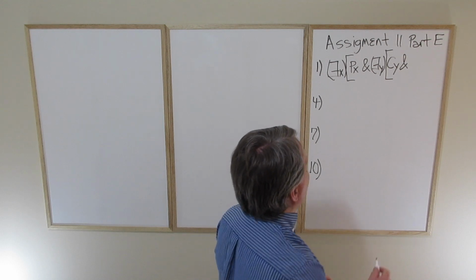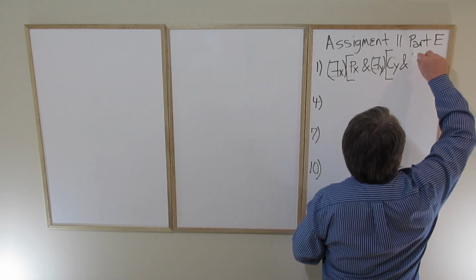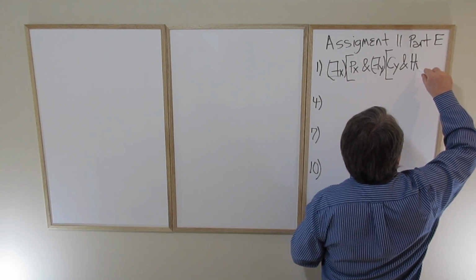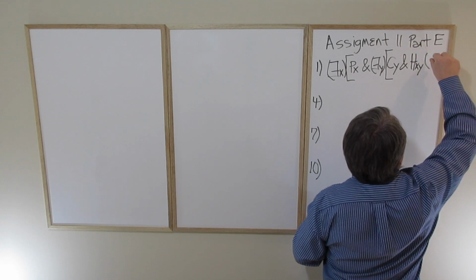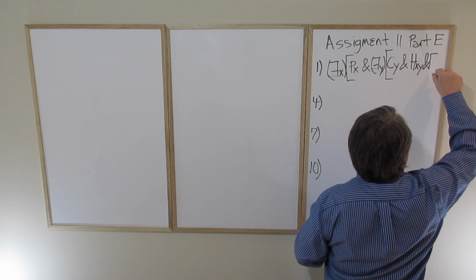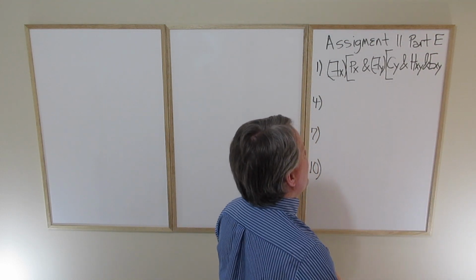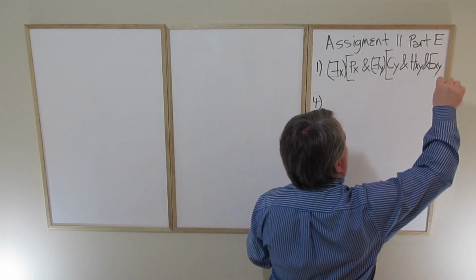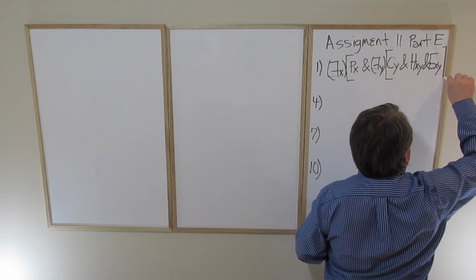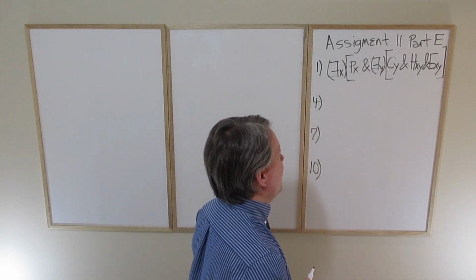X is having Y, and X is eating Y. So we can put a second set of square brackets there.